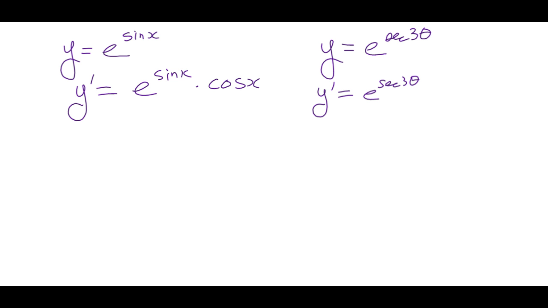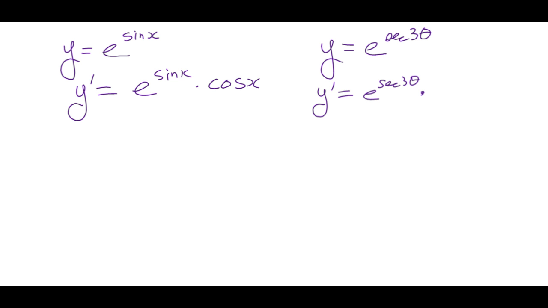It's the derivative of e to the secant 3 theta with respect to secant 3 theta, which is e to the secant 3 theta times, now we need the derivative of secant 3 theta, which itself is going to invoke the chain rule.